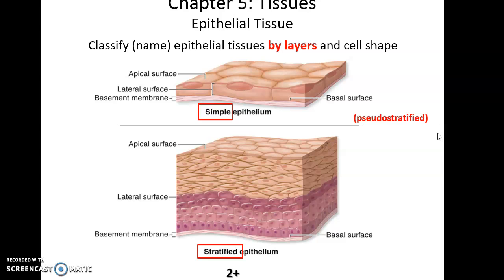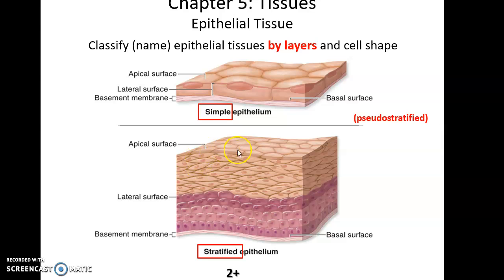All right, epithelial tissue. Epithelial tissue is classified by two main characteristics: by the layers and by the cell shape. When it comes to layers, it's defined by how many layers. If the layer is just a single layer, that is called simple. So simple epithelium has a single layer of cells. If it has two or more layers, then it's called stratified.